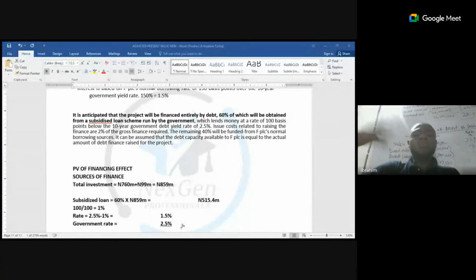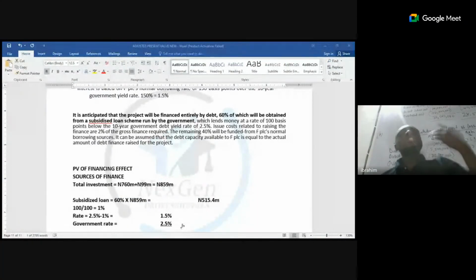The loan they are giving to farmers will be below the 27.5%. So the addition of the loan they give to farmers as a subsidized rate plus the MPR will give us what we call the commercial rate. And that is why when you go to the bank, we have a rate.